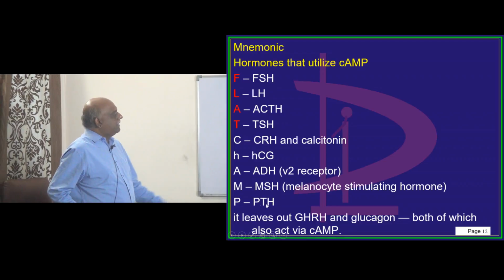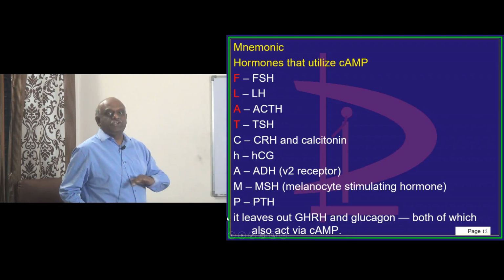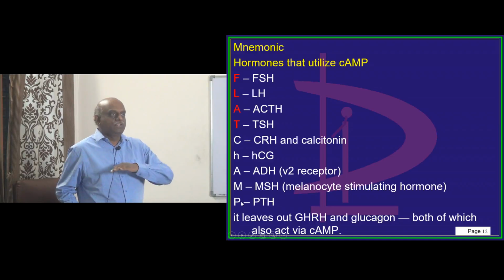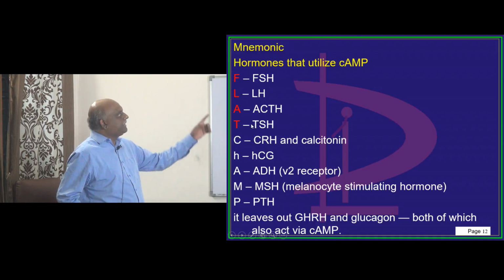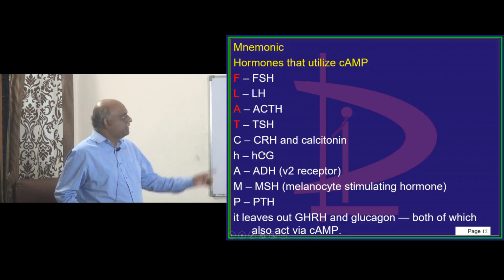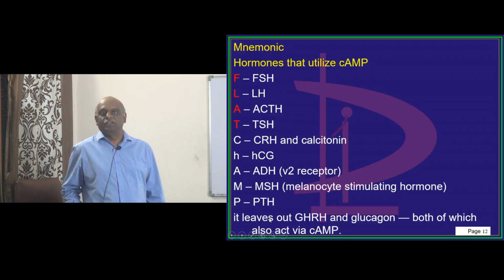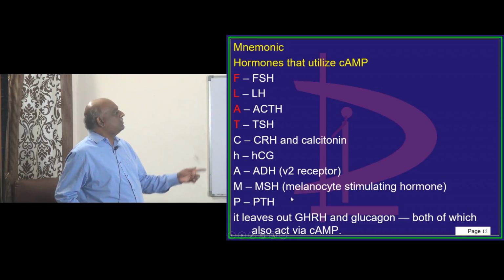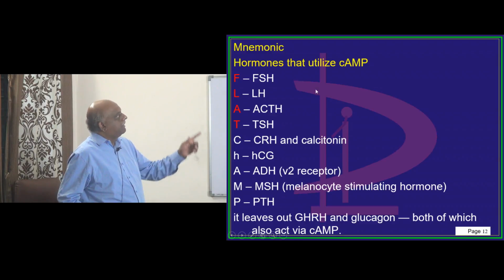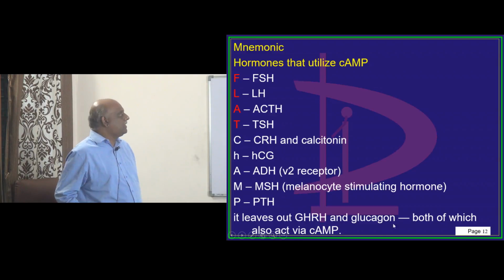You can remember FLAT CHAMP. FLAT stands for FSH, LH, ACTH, TSH; CHAMP: CRH, HCG, A is ADH, M is MSH, P is PTH. These are all the hormones that utilize the cyclic AMP, is what you need to remember.